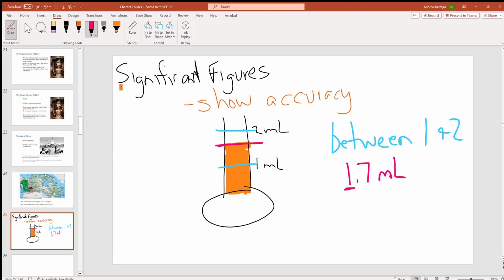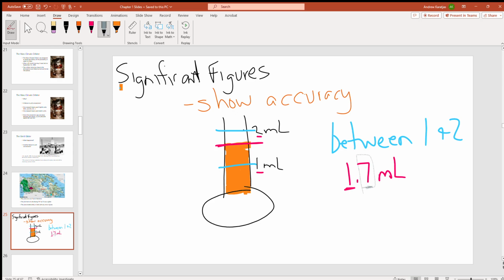But because this measuring device only gives us to the nearest one, we then would need to guess, or estimate would be a better word, one digit further beyond what our measuring device shows. So again, because this measuring device shows us to the nearest one, we're going to estimate the tenths place.